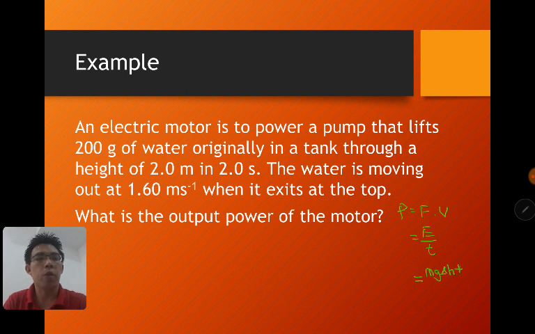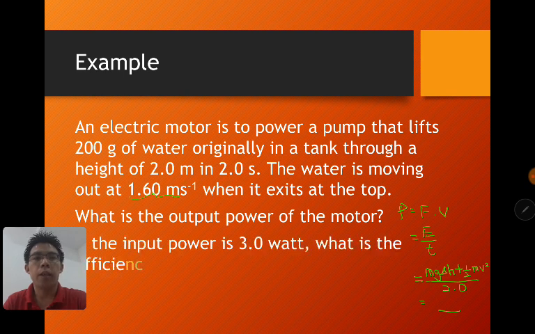Also we are told that it is moving out at 1.6 meters per second, which means that it gained this amount of kinetic energy at the end, where you can assume that it is not moving at first at the bottom of the tank. Then divide by the time taken, and you should be able to get the answer.